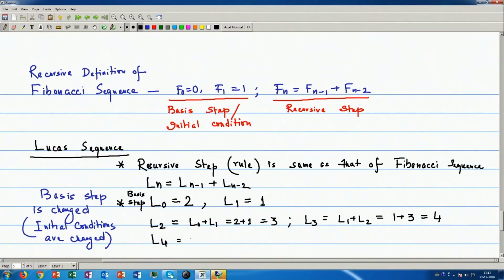L 4 is L 3 plus L 2, so this is 4 plus 3 is 7. So, we see that even though the recursive rules are the same as that of the Fibonacci sequence, the terms are different. Here L 2 is 3, L 3 is 4, L 4 is 7.